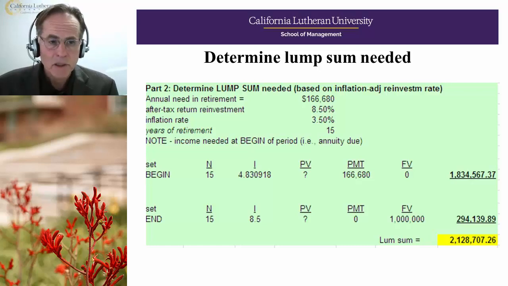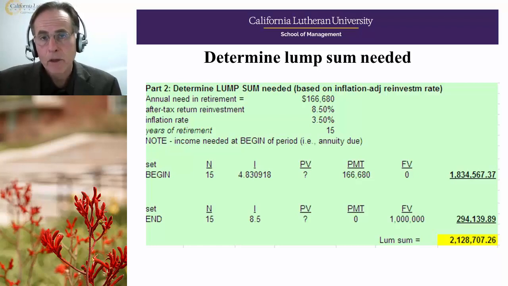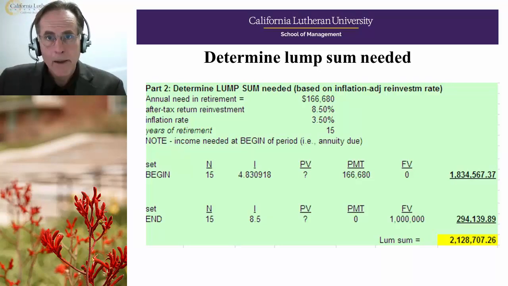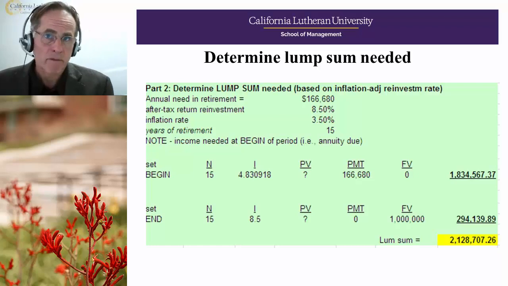In this case, you see two calculations. The reason there's two calculations is because we are assuming that those withdrawals, those PMTs, those systematic withdrawals that you get at the beginning of the period throughout retirement, are going to increase by the cost of inflation. But that legacy, that final amount that needs to be there at the end of the retirement period, was going to be just a flat $1 million.